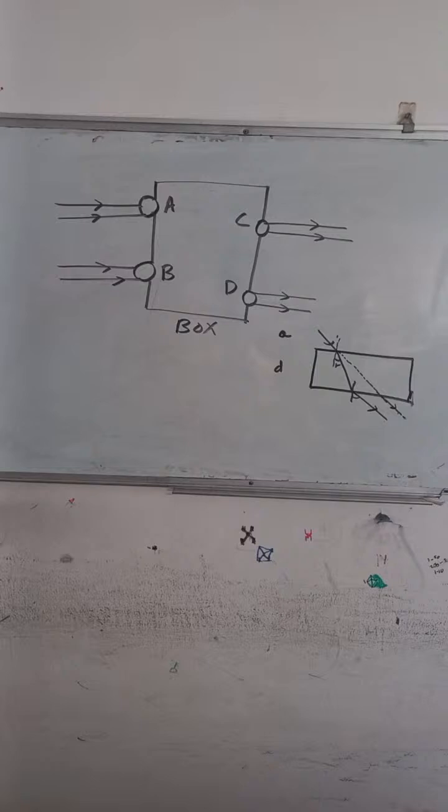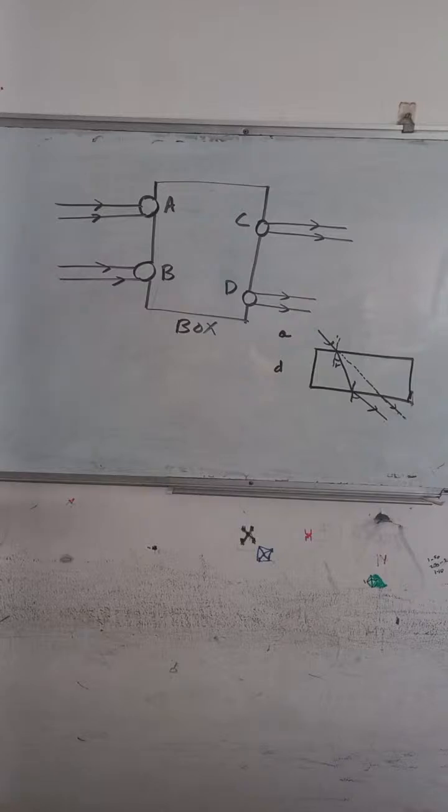Okay, I'll repeat. A beam of light is incident through the holes on side A and emerges out of the hole on the other face of the box as shown in the figure. Which of the following could be inside the box? Write down the options. First is a concave lens.